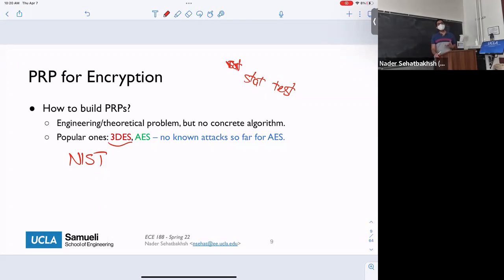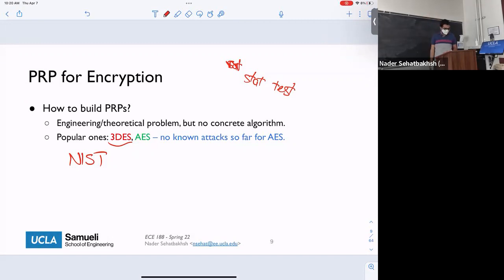Later on, people showed that triple DES is not secure enough. A sophisticated adversary can break the assumption that I described to you in the last slide, where the adversary can tell the difference between, for example, this pattern and that pattern.